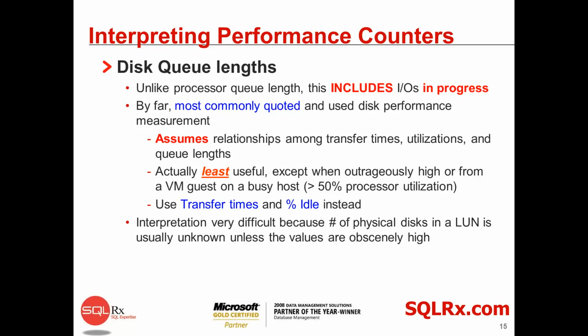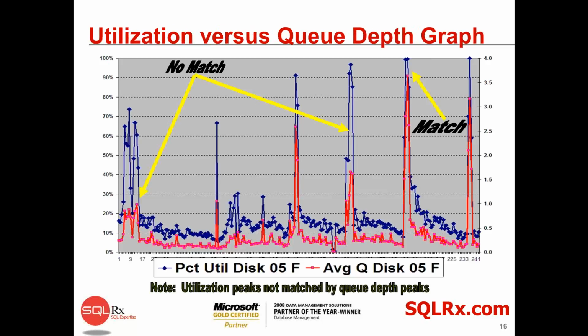You really know where everything is. There is no one-to-one correspondence in a lot of cases. So the graph on number 16 shows that there are cases where utilization and queue depths match really well, cases where it doesn't match at all. So again, it's kind of a crapshoot as to whether or not it's going to work well for you.